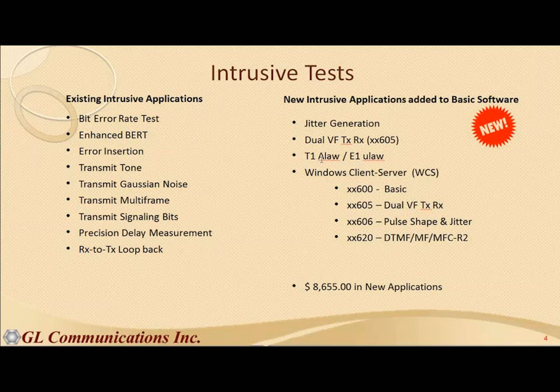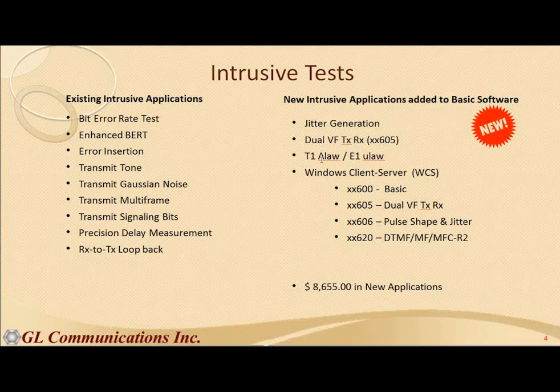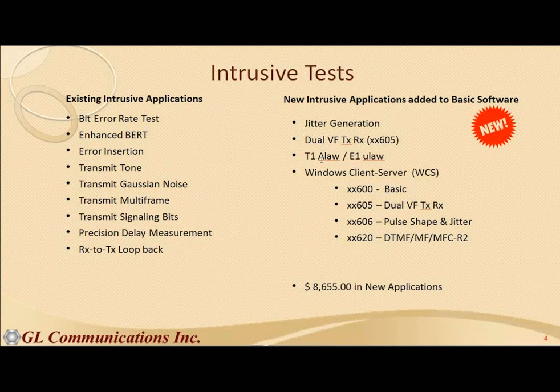Those are codecs, 8,000 samples per second, 8 bits per sample. Default coding for T1 is mu-law and E1 is A-law. This option allows A-law on T1 and mu-law on E1.